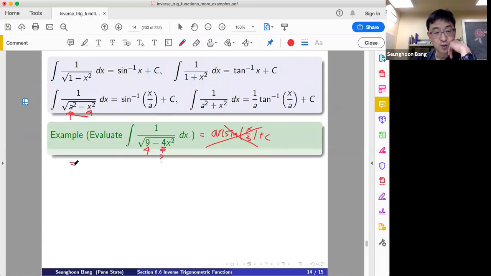You can change this one to the integral of 1 over the square root of 9 minus 4x squared. You can write it as (2x) whole squared dx.